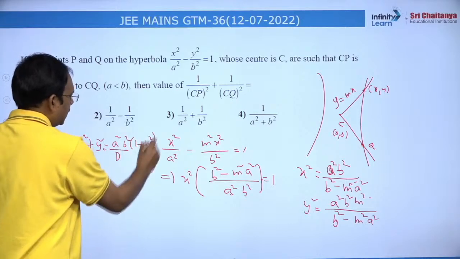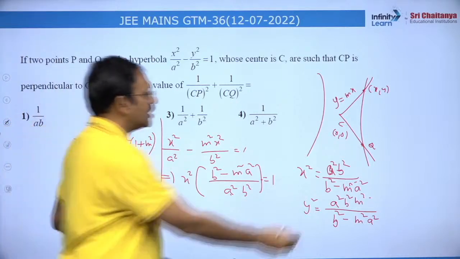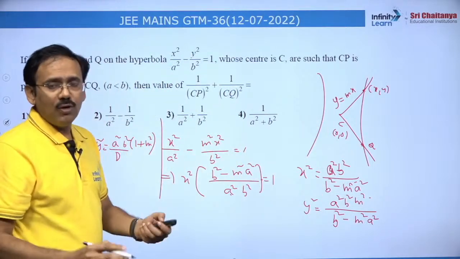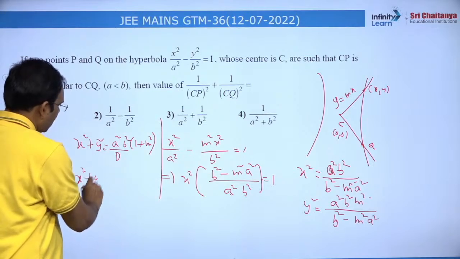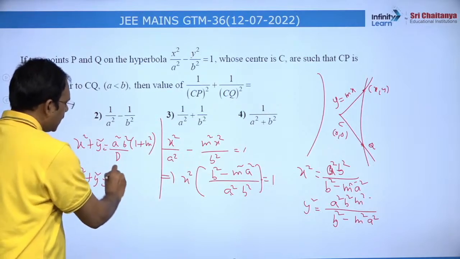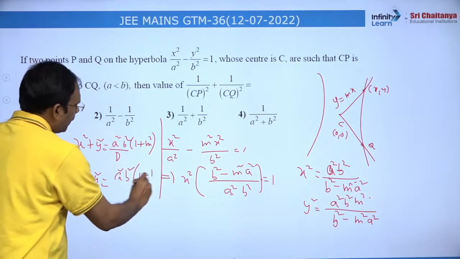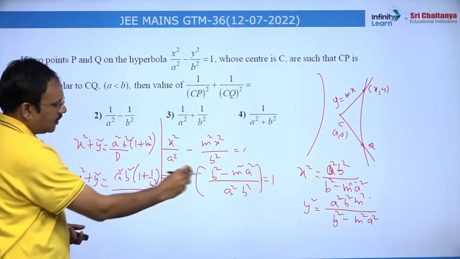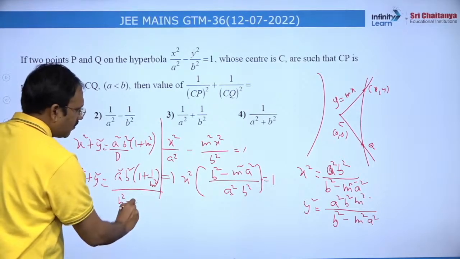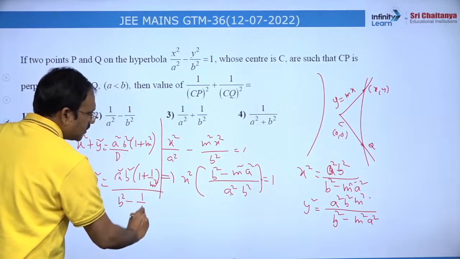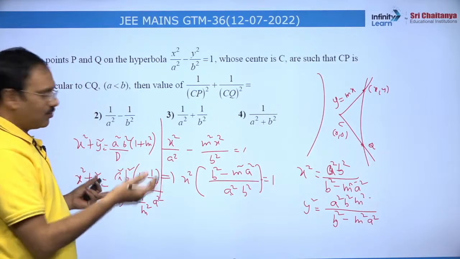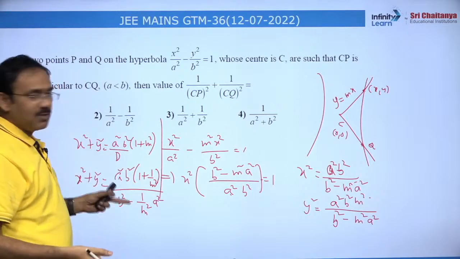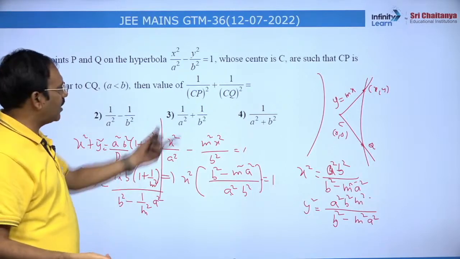In the same way, for the second case which is perpendicular to that, if you replace m by minus 1 by m, you will get x square plus y square is equal to a square b square into 1 plus 1 by m square, with denominator b square minus 1 by m square into a square. You just simplify, take the reciprocal, so the numerator will be the same here. So the denominator will be equal.